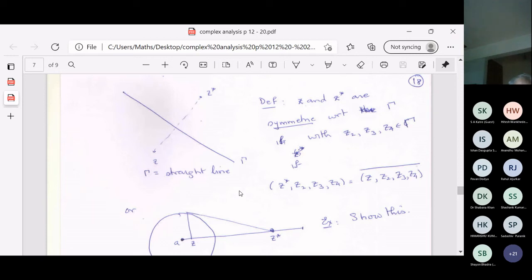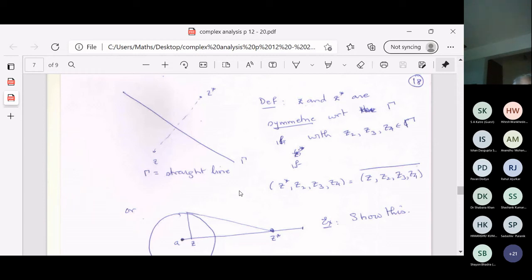I want to say that this definition should not depend on the choice of the points Z2, Z3, Z4 in gamma. I've said this earlier also, that we are making a definition on the basis of a choice of points Z2, Z3, Z4.